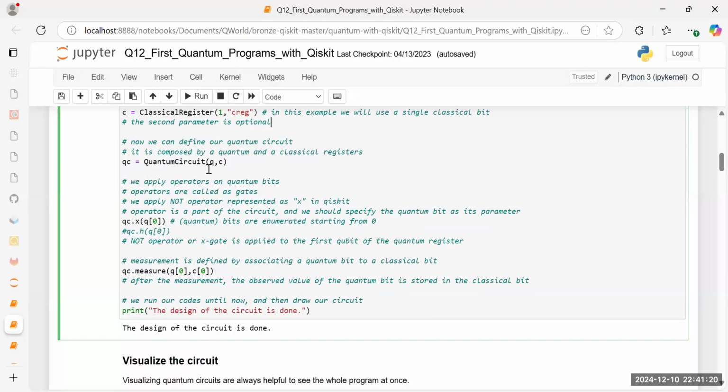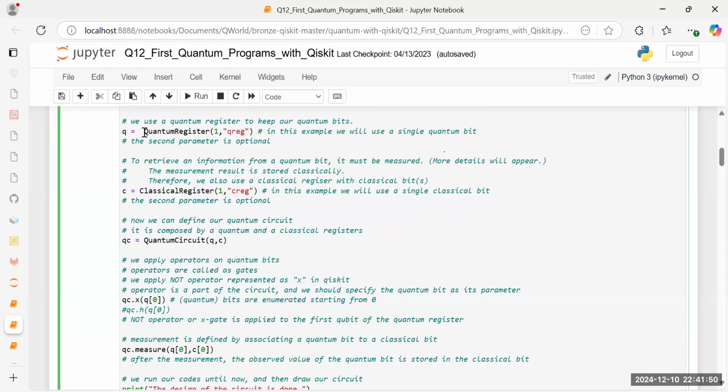So we can introduce these to our quantum circuits. Now in our quantum circuits, we can apply operators to change the values in our qubits. Here we have a single qubit. Let me scroll up first.